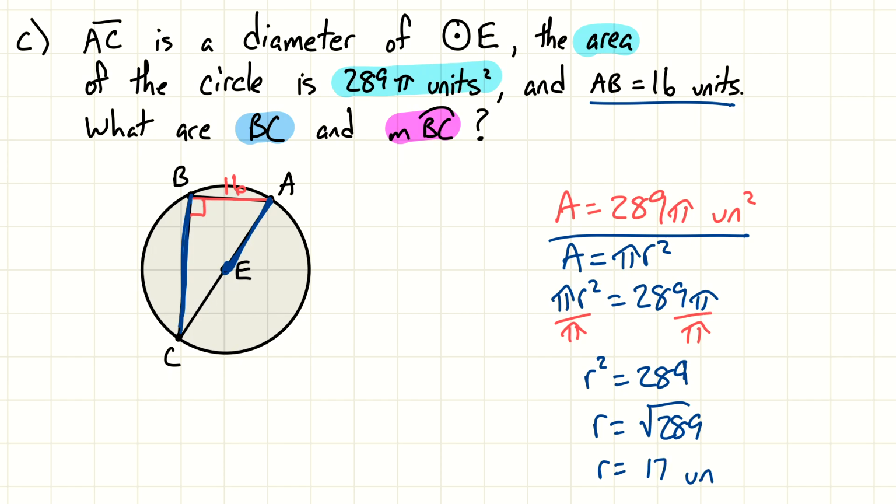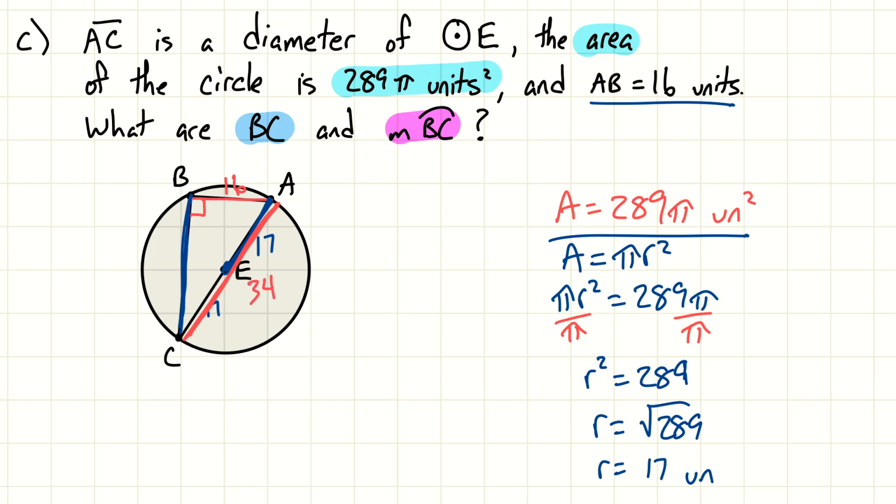So 17 units. That means we found the radius, which is 17. Keep in mind, radius is just from E to A, and it's also from E to C. So that means we have 17 and 17, which then gives us a complete diameter of 34.